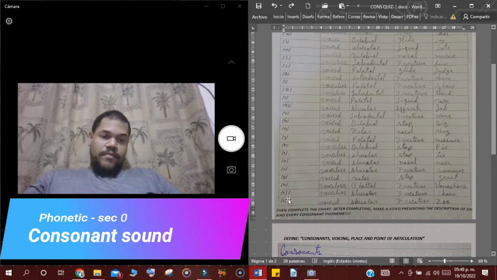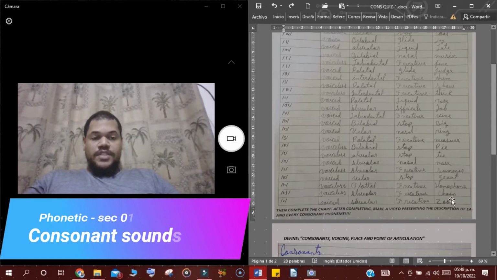Now we have this one that is a combination of the T with a sh, and it is the representation of the CH that is voiceless, alveolar, and affricate. The word that we use to show it is chain.